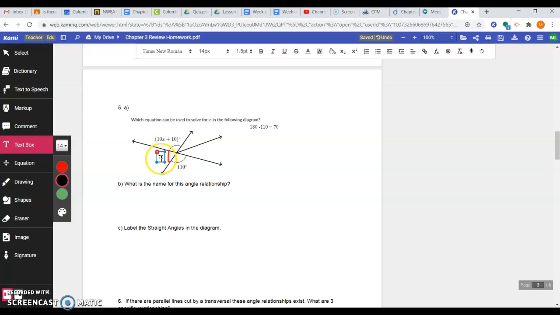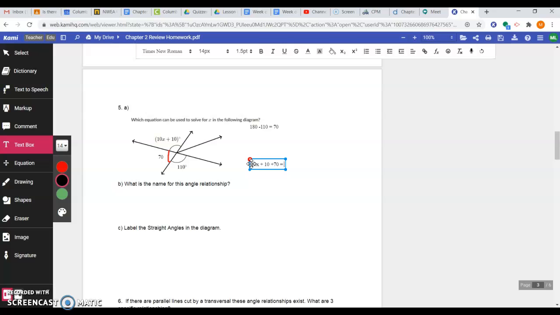Now I can use this 70 and this angle here. If you look, the red angle and this angle here are creating, again, a straight line. And I can use that there to find out what that x is by doing, well, 10x plus 10 plus the 70-degree angle.